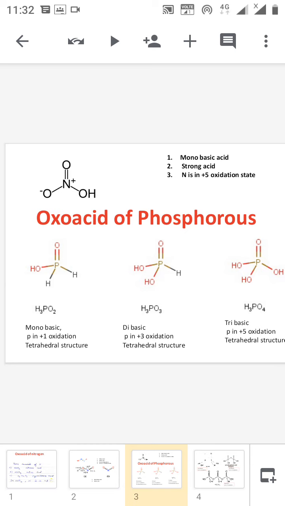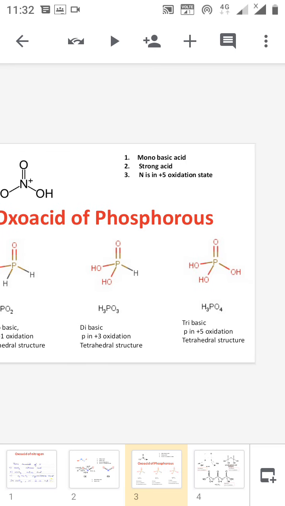In H3PO2 we can see only one OH group, and that is ionizable. So H3PO2 is a monobasic acid, phosphorus is in the +1 oxidation state, and the structure is tetrahedral. In the case of H3PO3, again it is a tetrahedral structure.